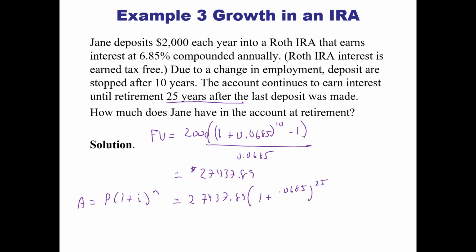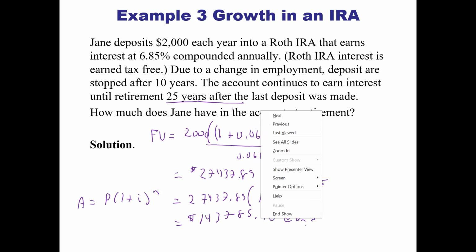So we have 27,437.89 times 1 plus 0.0685 to the power of 25. That looks like we have a value of 143,785 point, and if we round that, it's going to be 10.